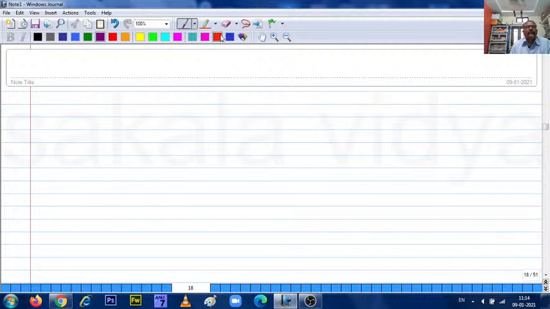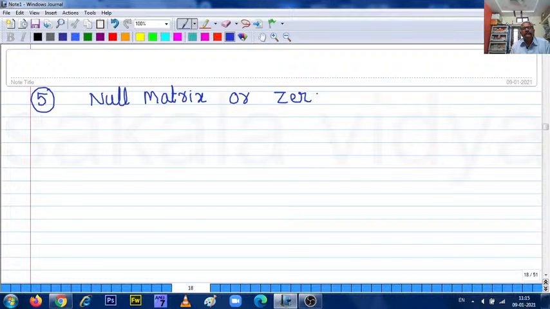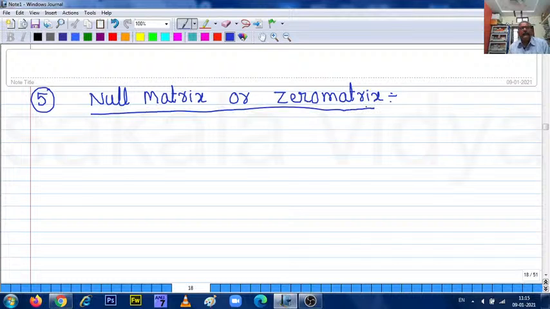Next, the fifth one. Null matrix or zero matrix. So what is the definition of the null matrix and zero matrix? Anybody? A matrix in which all the elements are equal to 0 is called a null matrix or zero matrix.